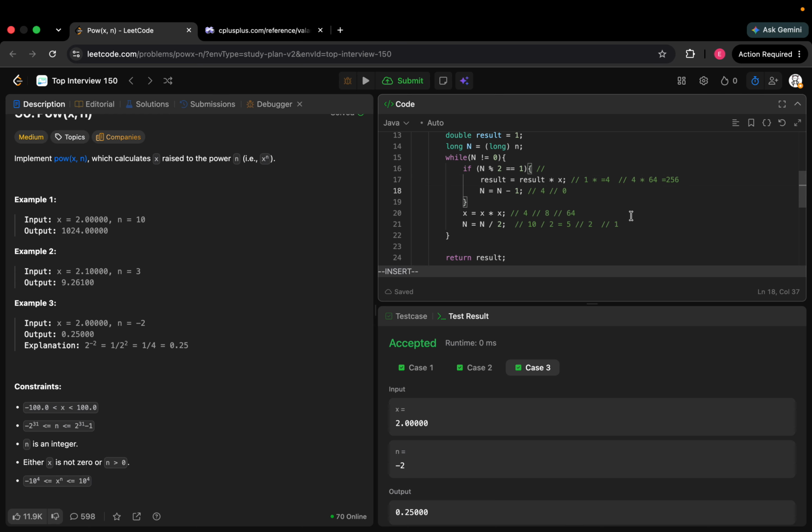For here 0, and keep continuing. This x is what? x is 46 times 46.